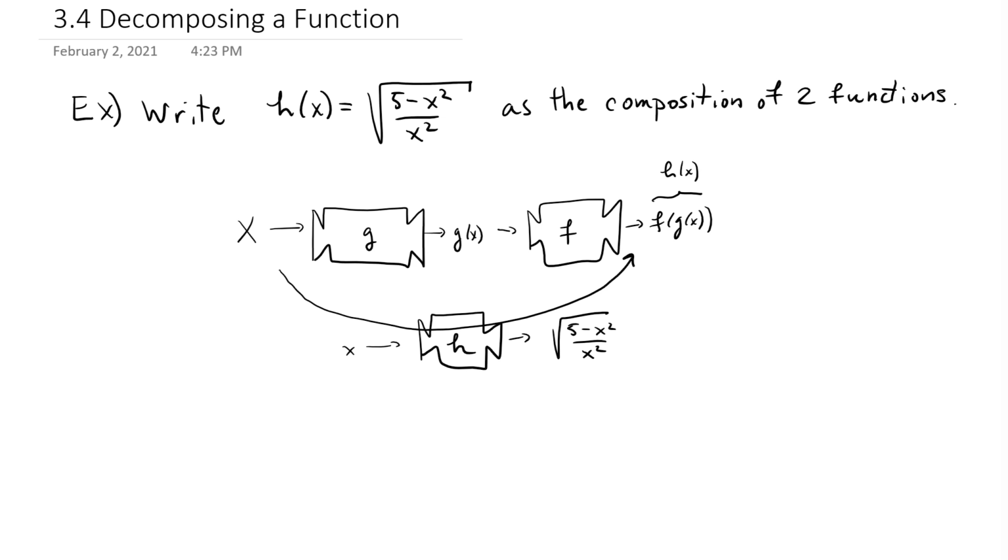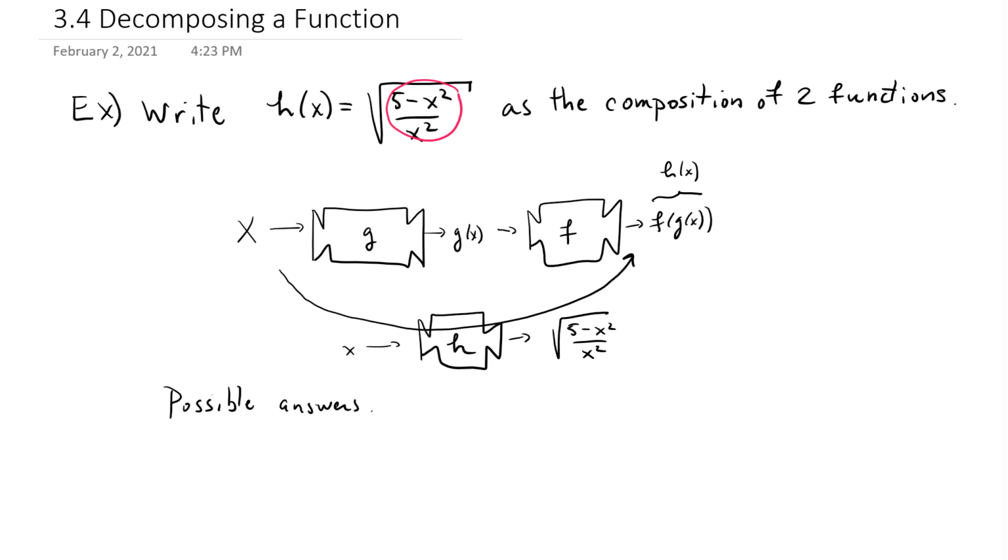So one possible answer, because there are many, this decomposition is not unique, is that we first calculate this expression, so that would be our g of x, and then we feed that expression into the square root function.